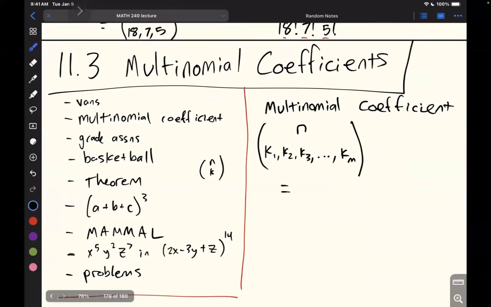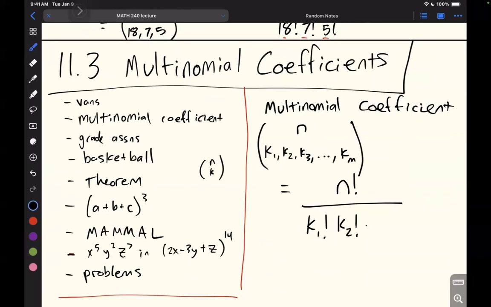And this number is equal to, as we just saw, n factorial over k1 factorial times k2 factorial, and so forth, up to km factorial. So we just choose the numbers that are in the commas, find the factorial of them, and multiply them all together in the denominator.